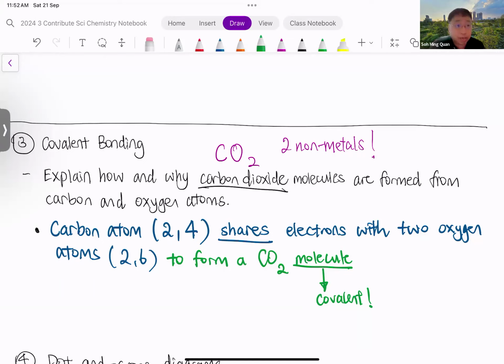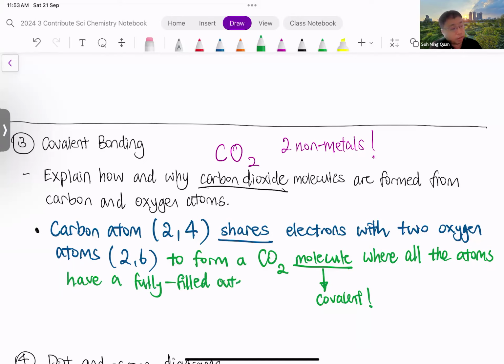Now, what is the purpose of bonding and sharing electrons? The purpose, of course, is so that all the atoms, the carbon and the oxygen atoms, have a fully filled outermost shell.